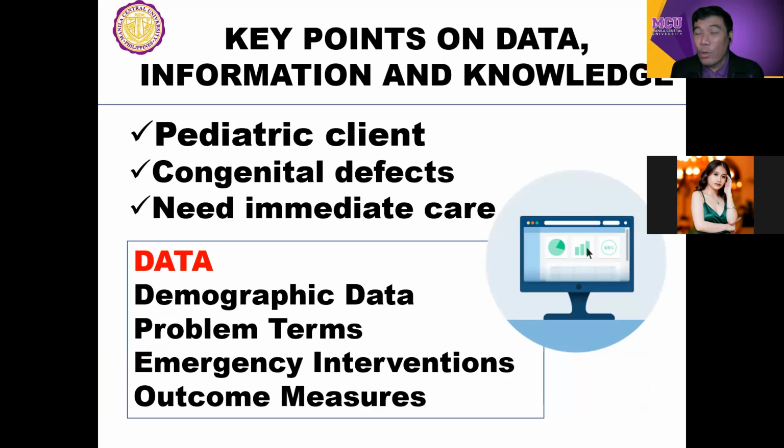The pediatric client, what gender? That's part of demographic data. The problem terms, what are they there? Congenital defects. What congenital? We have congenital heart defects, we have congenital malformations, many. So, what is the immediate care? What emergency interventions, and what is the expected outcome? So still data.